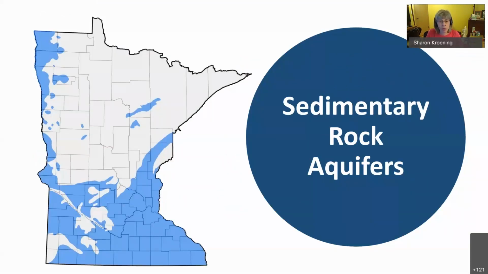And I also wanted to point out that in our network, we do monitor some bedrock aquifers in southeastern Minnesota, and these primarily are domestic drinking water wells that we sample.